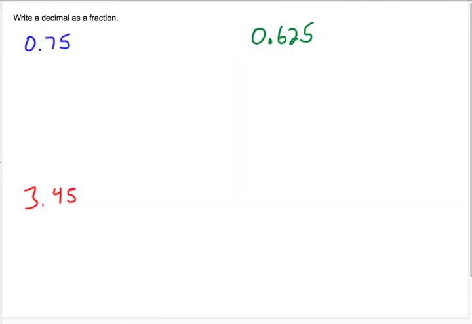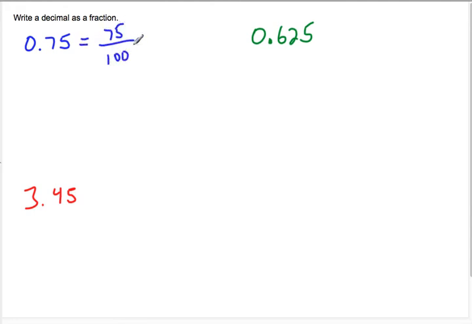Okay, so sometimes we need to go from a decimal to a fraction. In this case, what I've found to be the easiest is just to say the number. So this would be 75 hundredths, and you always say the number by where the last digit is located. So this 5 is in the hundredths place, so we can call that 75 hundredths.